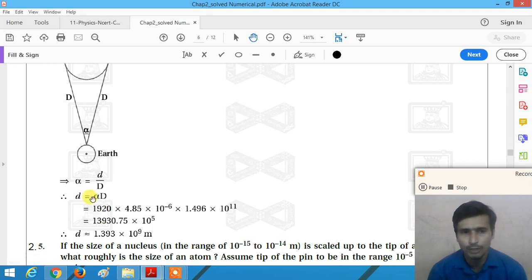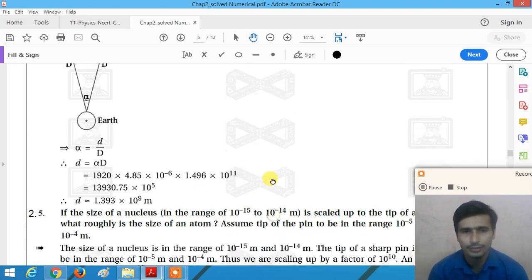The value of angle alpha is equal to 1920 into 4.85 into 10 raised to minus 6 radian, multiplied by the distance of the sun and earth, 1.496 into 10 raised to 11, right? So if you calculate this, we get the answer 13930.75 into 10 raised to 5, right?